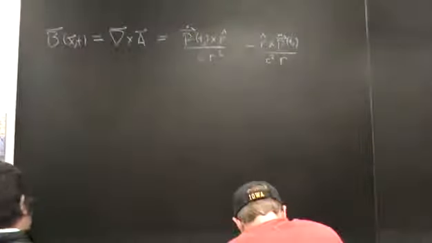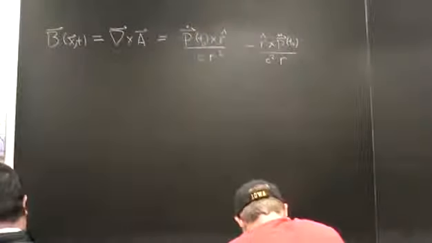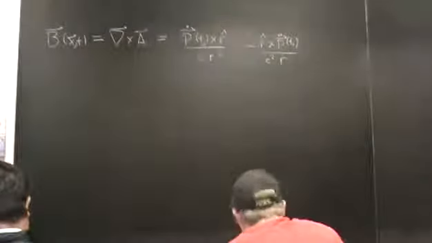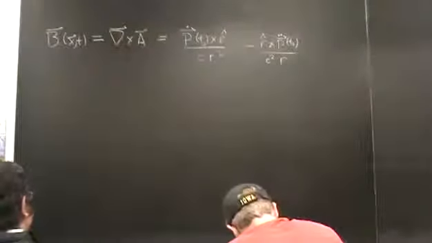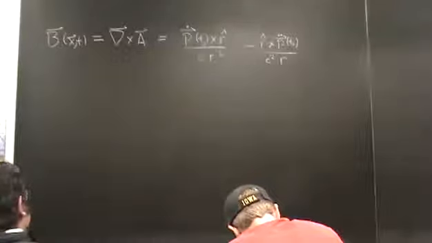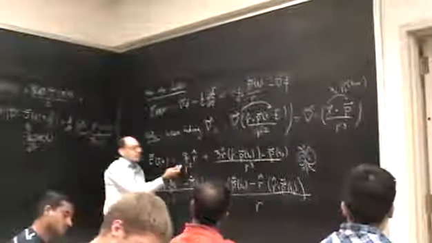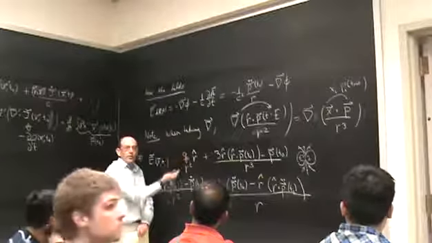So, how do we interpret these fields, this electric field and this magnetic field, associated with this approximation up to the dipole terms? Let's consider the case. This is easy to interpret. This is just a Coulomb field that we would see.